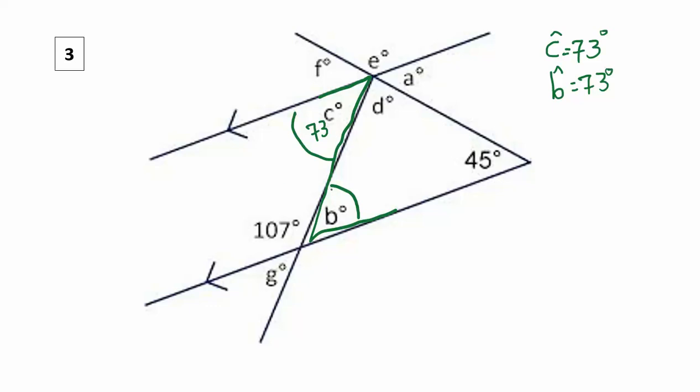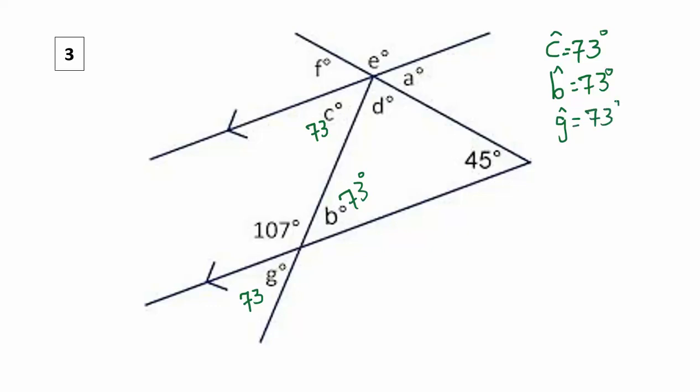Now, let me write down what angle B is, 73 degrees. Because angle B is 73, angle G is vertically opposite, and vertically opposite angles, my rule tells me, are equal. So angle G will also equal 73 degrees.